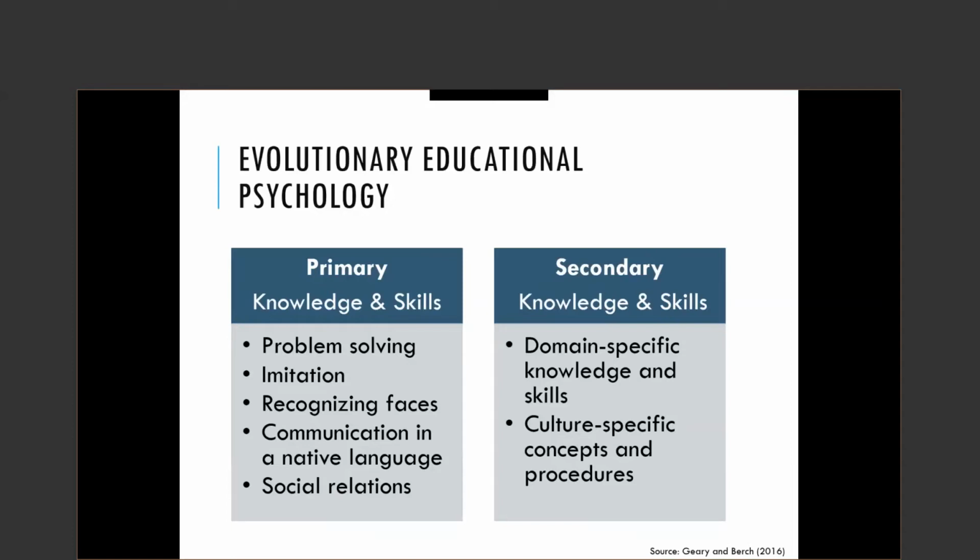If we stop to think about this and let it sink in, we are talking about mostly everything that we learn outside general problem-solving strategies, communication, and social relations. This includes algebra, accounting. It includes social sciences.